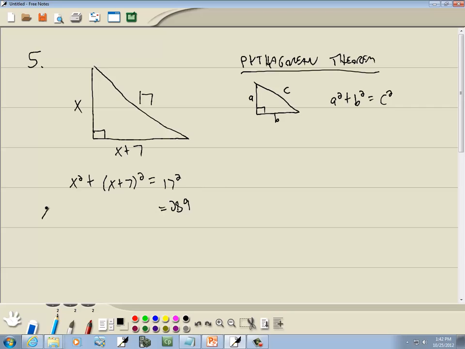And then we have the x squared here, and x plus 7 squared means x plus 7 times x plus 7. Well, x times x is x squared, x times 7 is 7x, 7 times x is 7x, and 7 times 7 is 49. Equals 289.